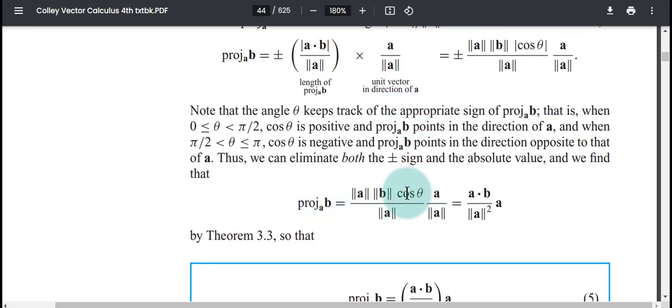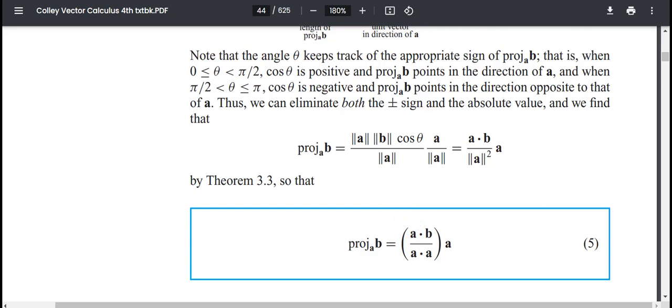Now we can collapse this part to A dot B, and then we have A, and then we have this squared, which is here. And so finally, we get that the projection of B onto A is here, because A dot A is equal to the norm squared, and we discussed that before. And so we have finally this formula for the projection of B onto A.